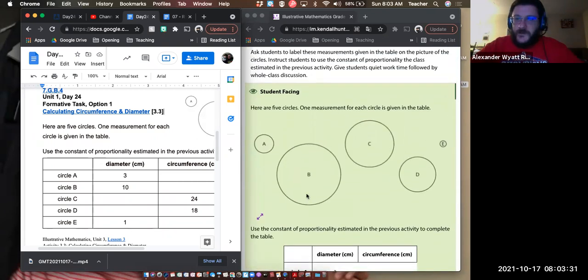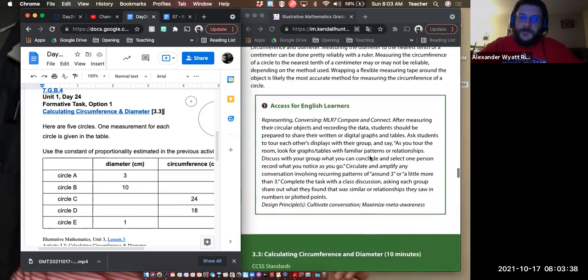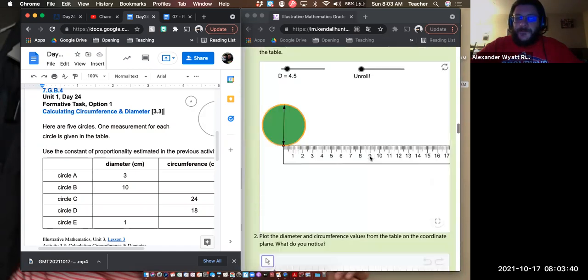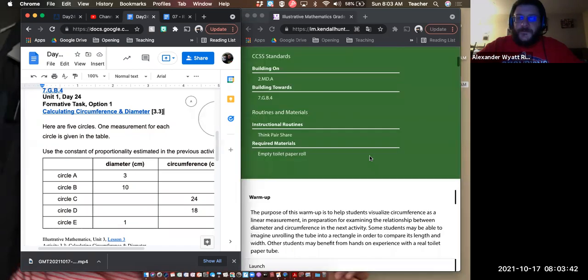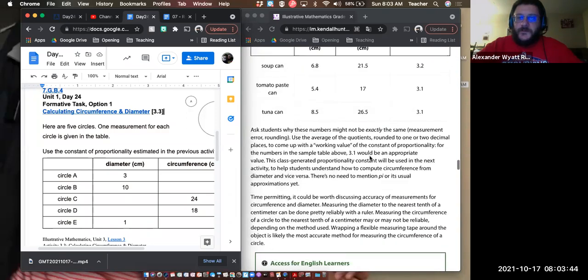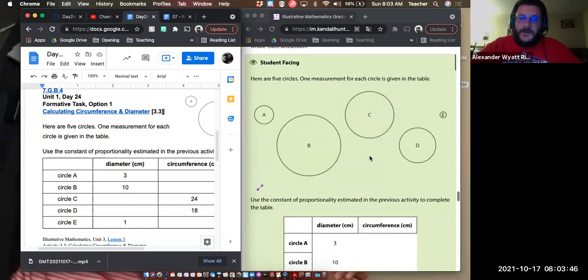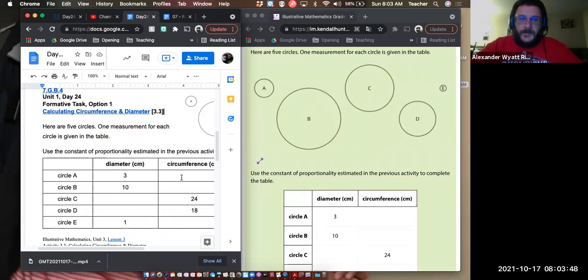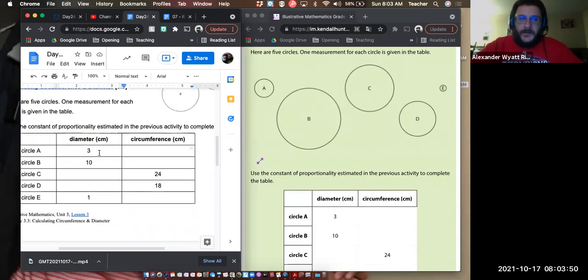There are 5 circles, right? And use the constant of proportionality estimated in the previous activity to complete the table. The previous activity meant the 3-to-1 ratio. So that would mean that if this is a 3-to-1 ratio, that means that this is 3 times as much over here. So 3 times 3 equals, and you get your answer.